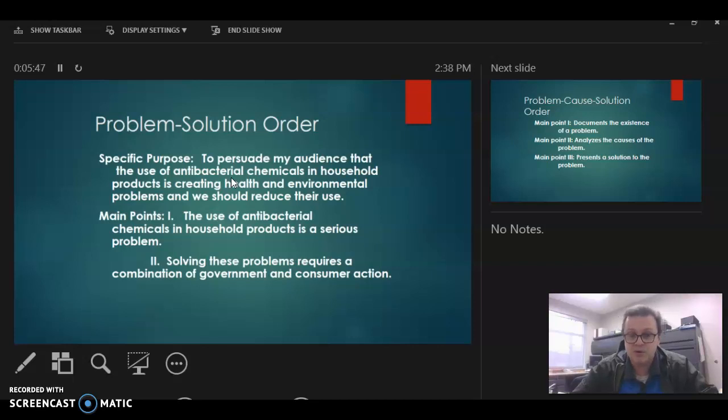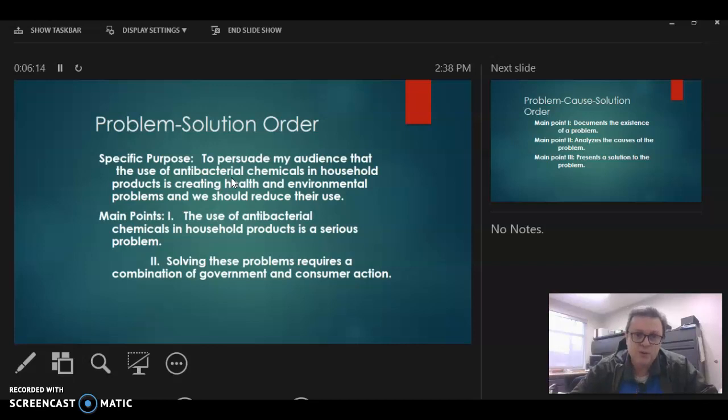These chemicals also leach their way into our water supply and affect plant and wildlife. And there's also the possibility that we're creating these super bugs, just like with antibiotics. If they get overprescribed, then the fear is that we won't be able to create antibiotics strong enough to kill all bugs in the future. So that's part of the problem that you would probably describe there.